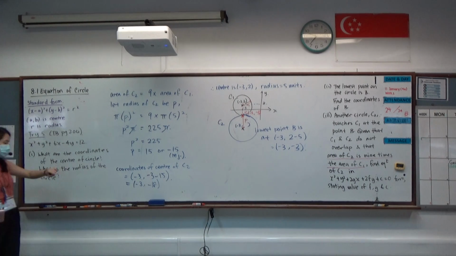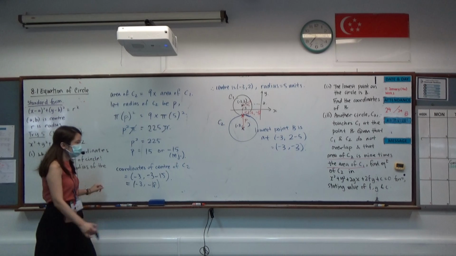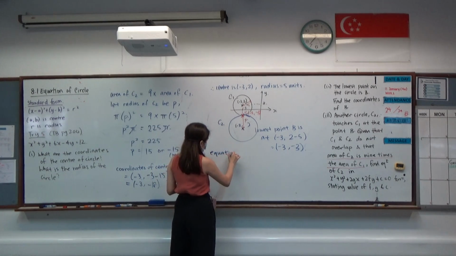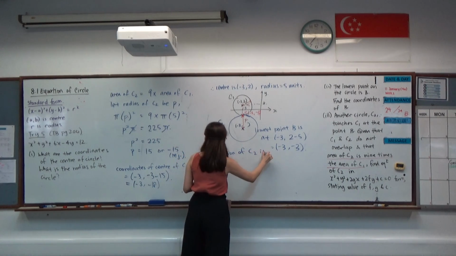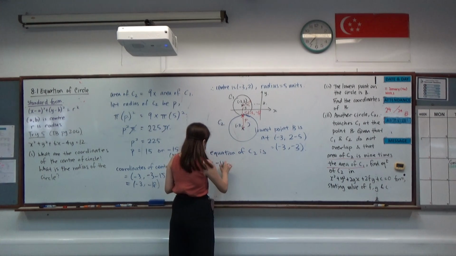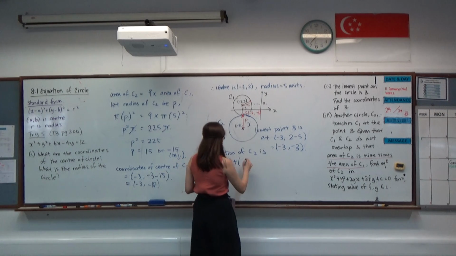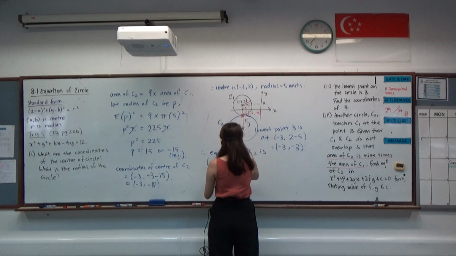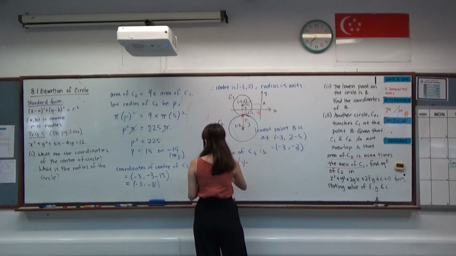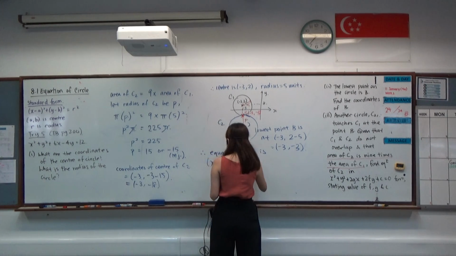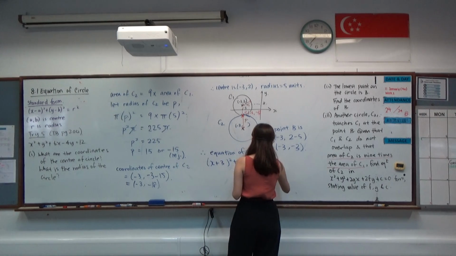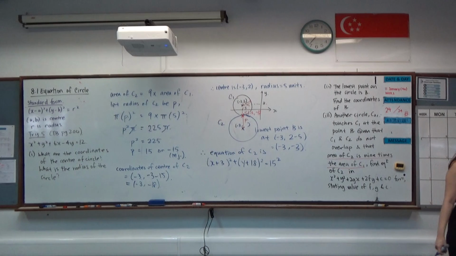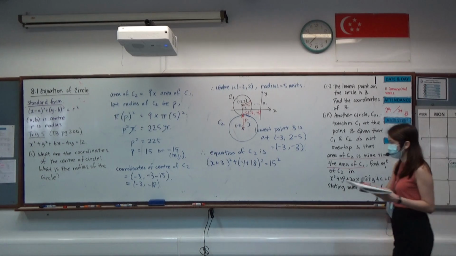So now that we got the center and we got the radius already, the equation of C2 is x plus 3 squared plus y plus 18 squared equals 15 squared. But the question wants it in a general form, so you got to expand it.